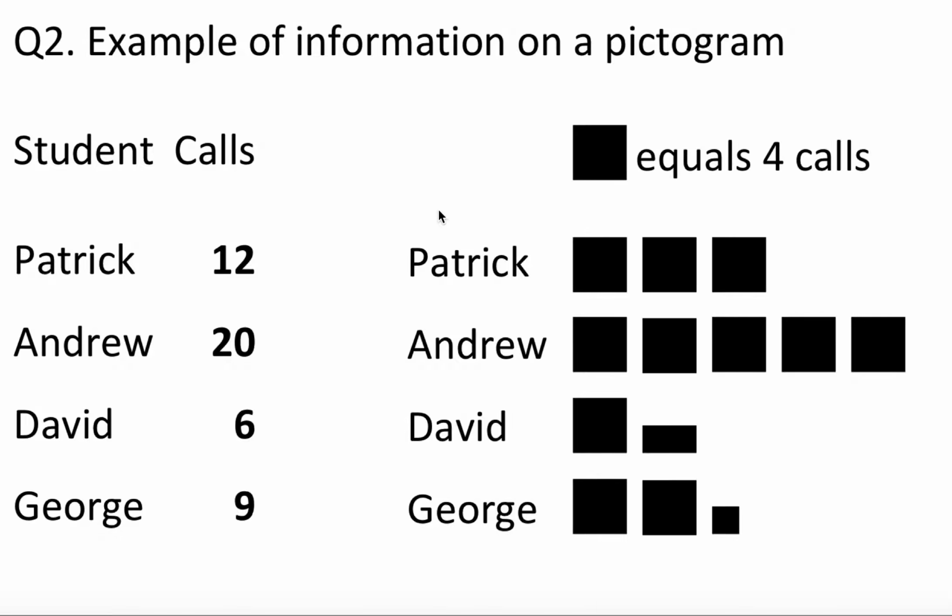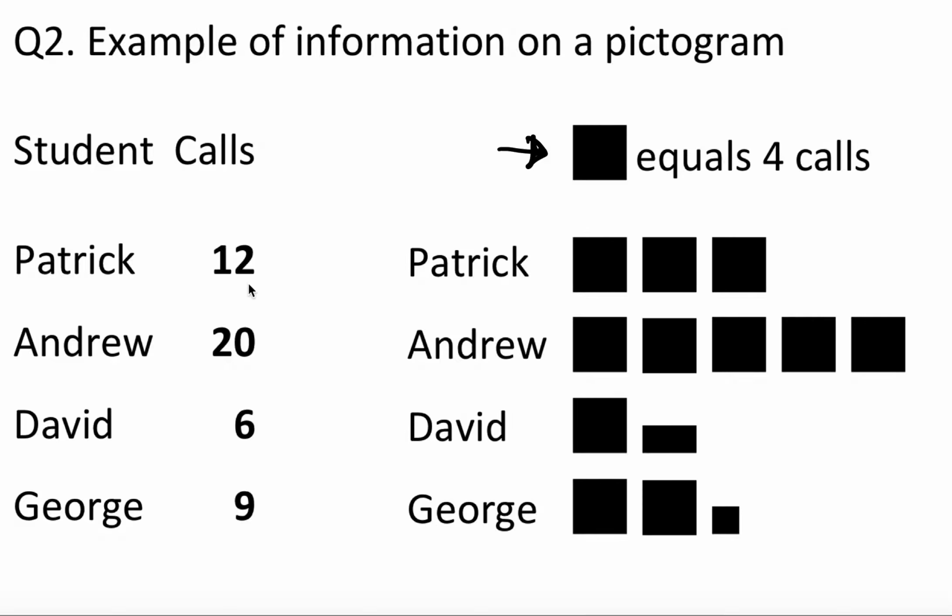These are commonly used in presentations by big companies to display their data, and they'll use different ways of doing it. An example here is that we've created a cube to represent 4 calls, and then we've looked at each student, and we've put the image of the cube how many times to represent the number of calls.